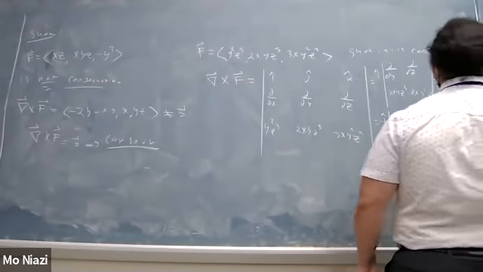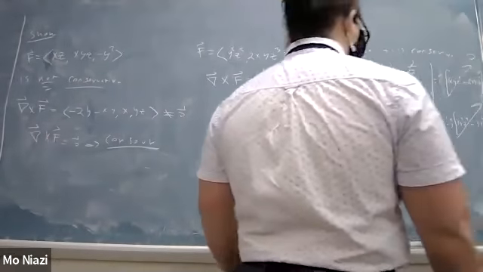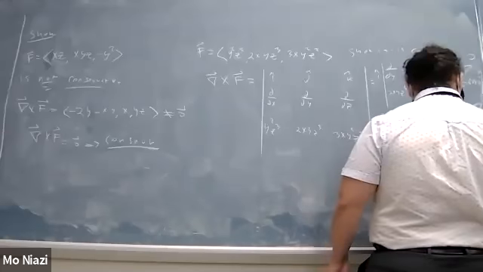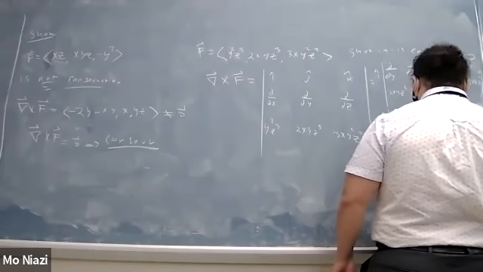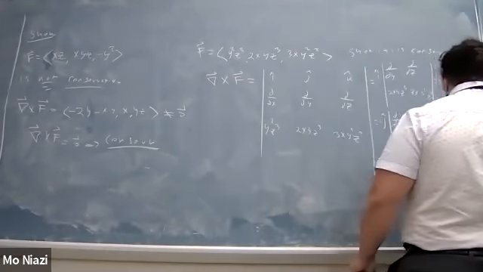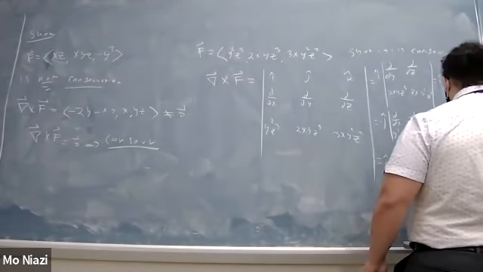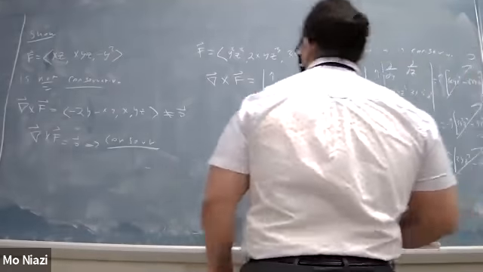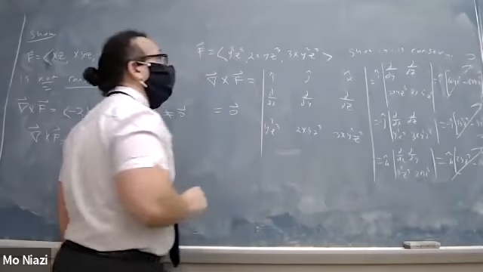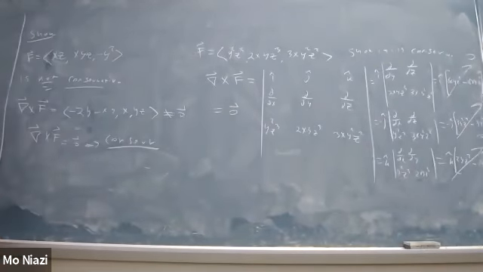So this goes to 0. And then partial x of this just becomes 2yz cubed. Partial y of this just becomes 2yz cubed. So this goes to 0. So the curl of this function equals the 0 vector. So we have shown that it's conservative.